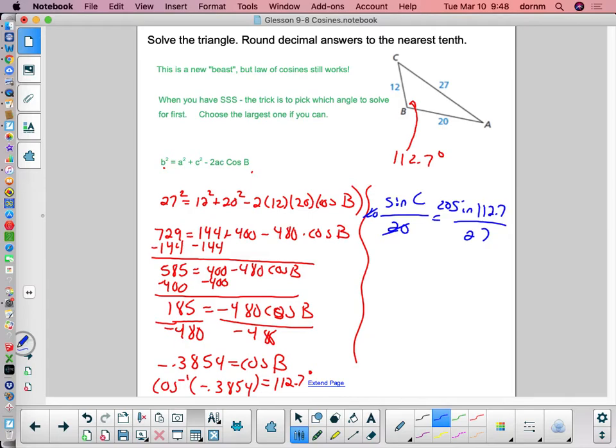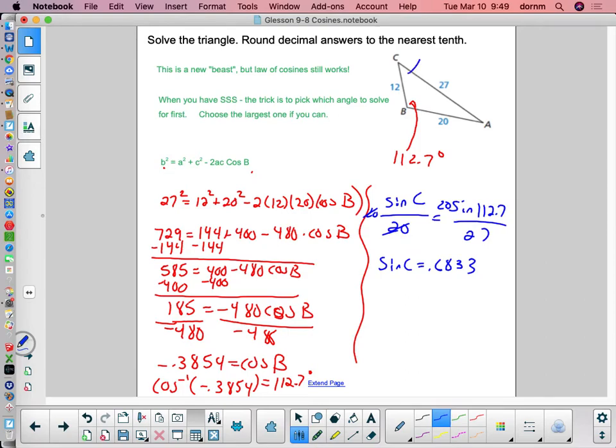So 20 sine 112.7 divided by 27 is 0.6833. And sine inverse of that is 43.1 degrees.